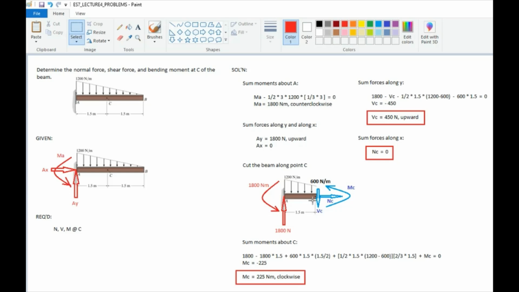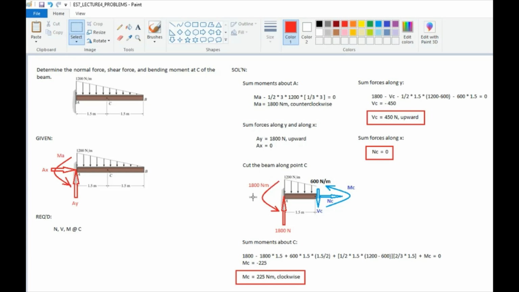So, in this free body diagram, I also included the values of AY and the moment at A. Now, we'll be using this figure to generate the next equations. It would be easy to sum moments about C to eliminate our unknowns NC and VC, and for us to be able to solve for the moment at C. Okay, so, summing moments about C, you will have 1,800.